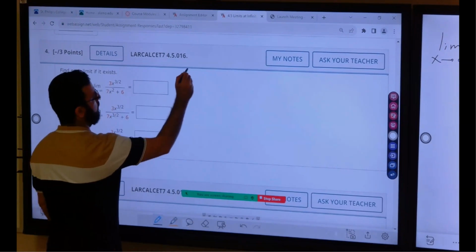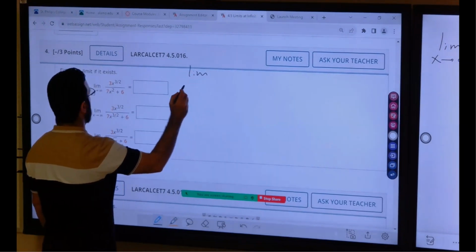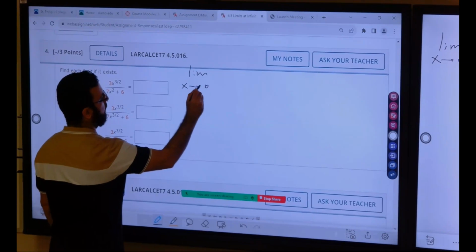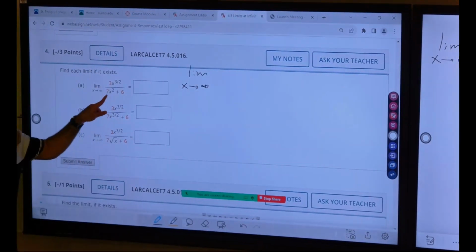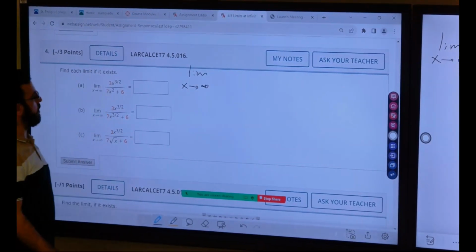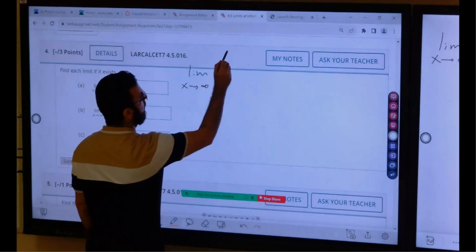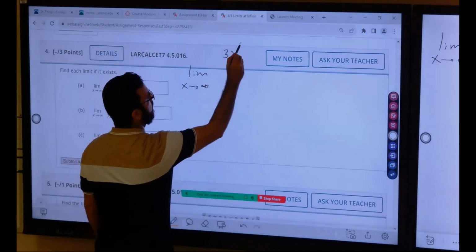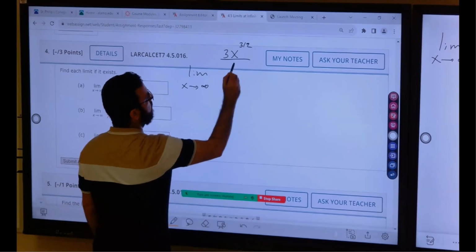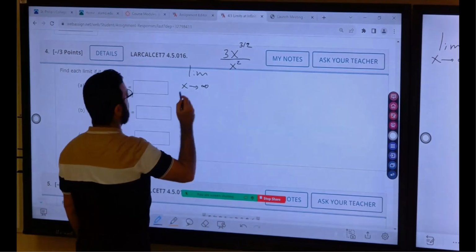So you're going to say, well, the first one is the limit of x going to infinity, because you're going to divide everything by x squared. So it's going to be 3 x to the power 3 over 2 divided by x squared, which is on the top.